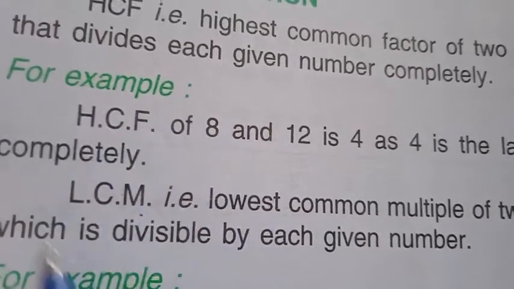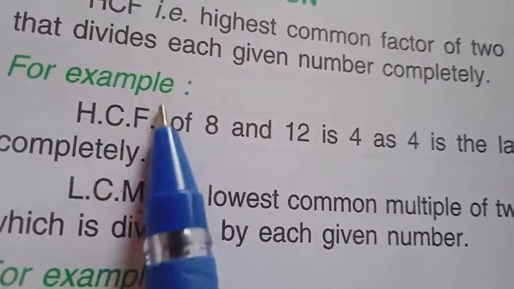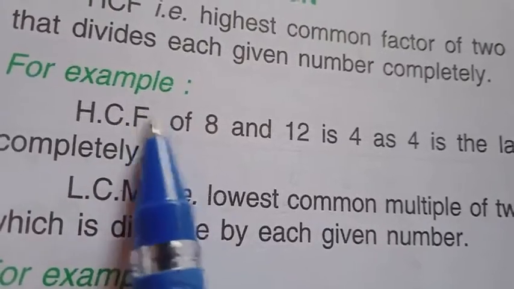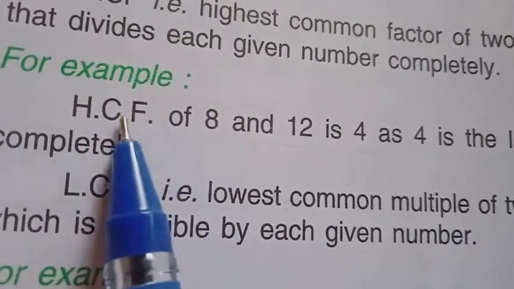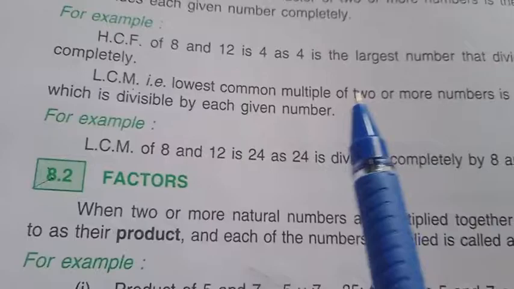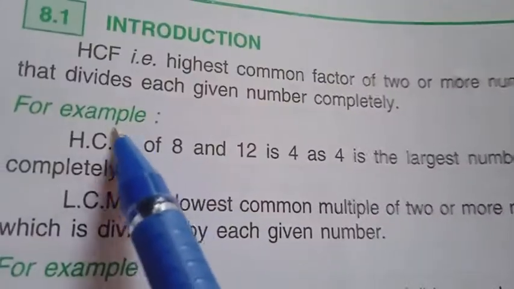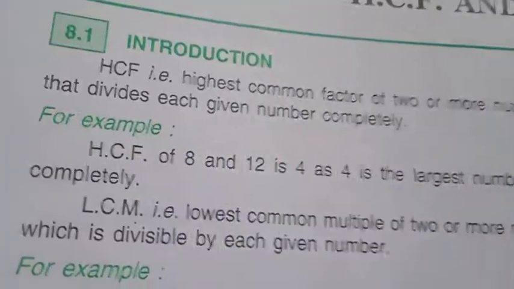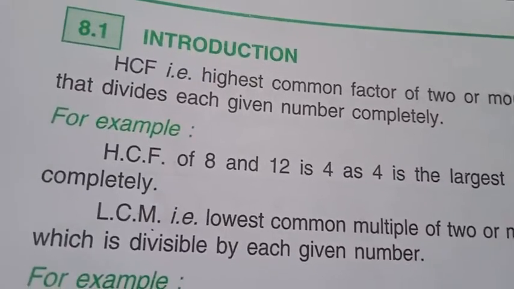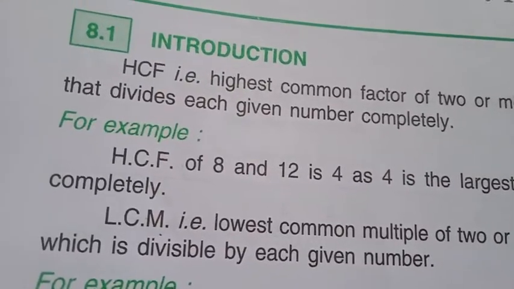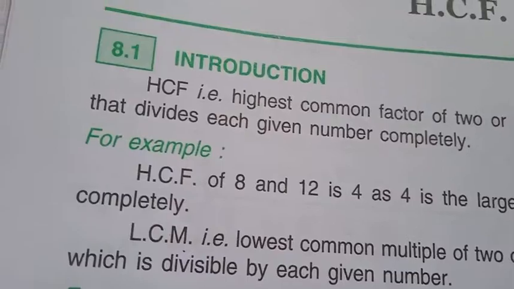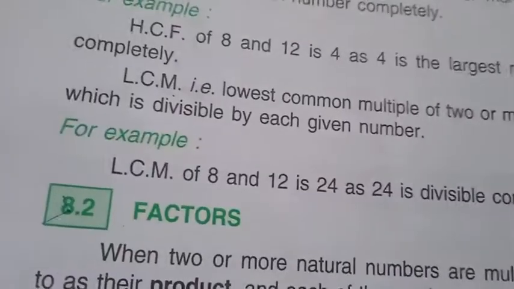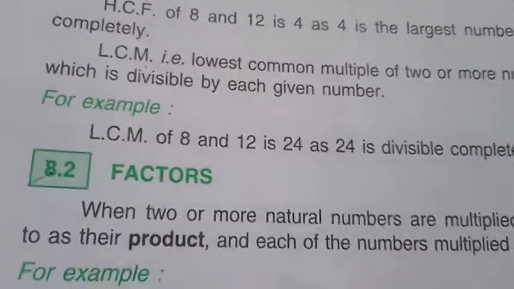Before starting the main concept, we'll study a smaller concept. We are going to see HCF first, and before HCF we should know what are factors, because for HCF you have to deal with factors completely.